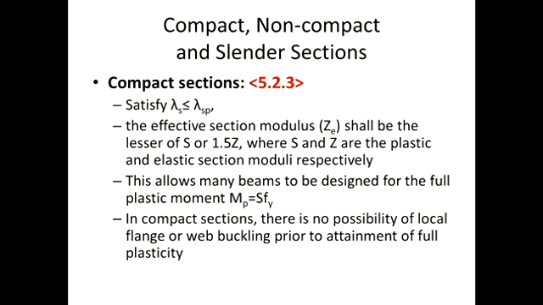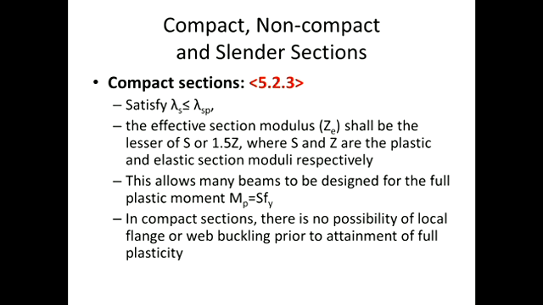And earlier on, we looked at the fact that if we are looking at compact sections, then the compact sections would not be susceptible to local buckling before they reach full plasticity.